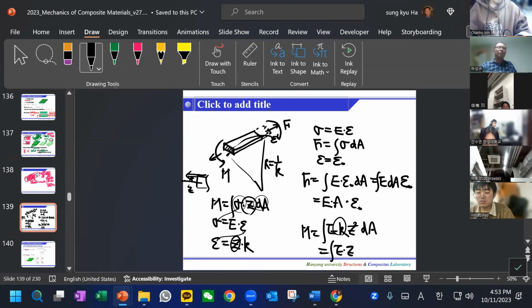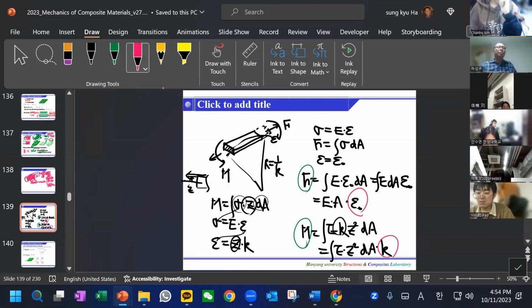E, epsilon is Z k, so Z square and dA and curvature. So here usually this is the force we apply, and this is the curvature we like to have. Okay, and the strain we assume this one and this one. So if we combine them, you can see that epsilon will be in general epsilon 0 plus Z k, and epsilon 0 and k are given here.